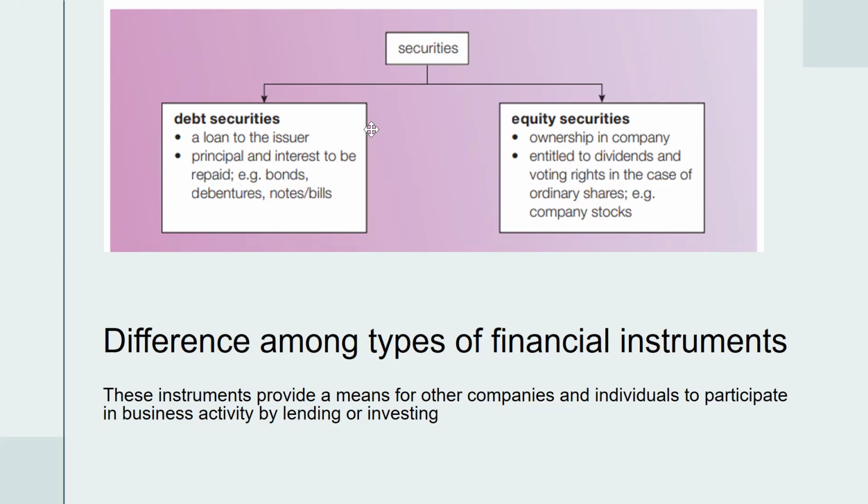Debt securities, you must get paid back with interest over a period of time. Equity securities is really based on how successful the investment was. So debt securities is lending, equity securities is investing.